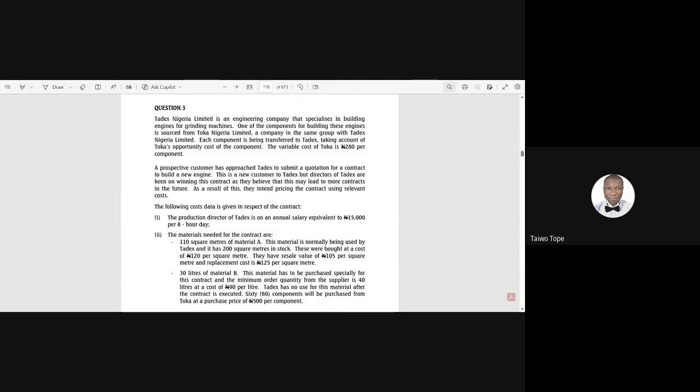Then 60 components will be purchased from Tokas at a purchase price of 500 naira. There is no issue here. We just need it, so it's a straightforward computation.